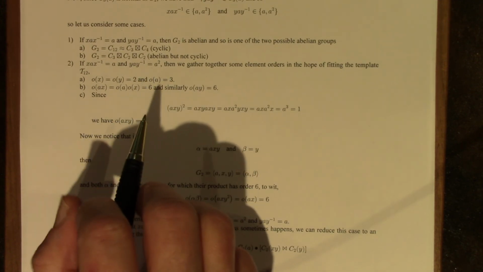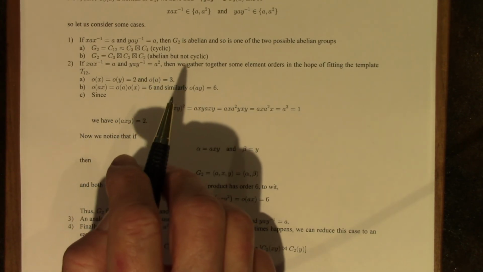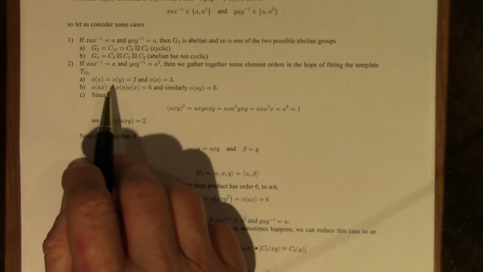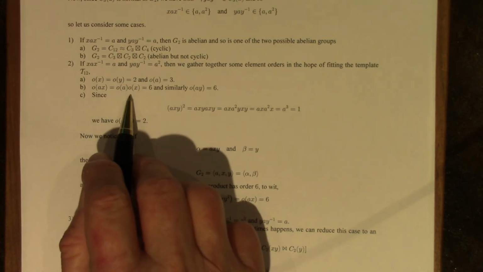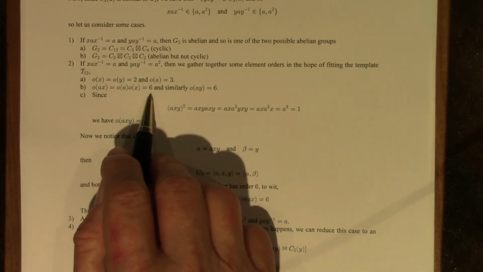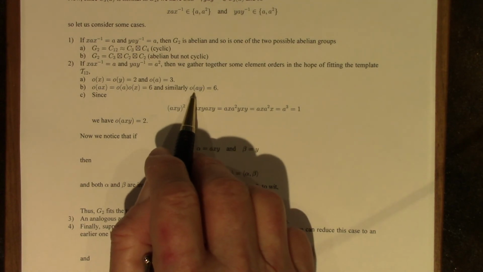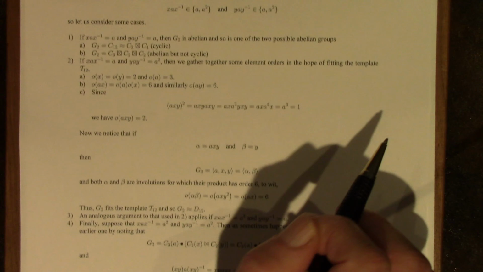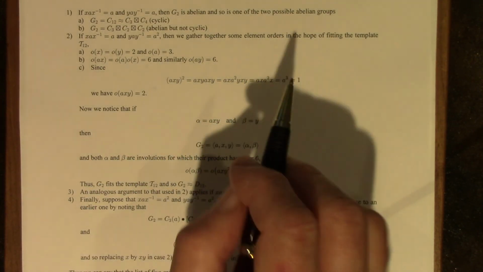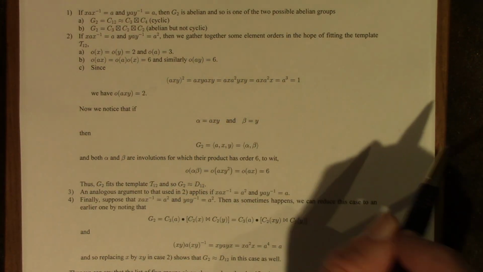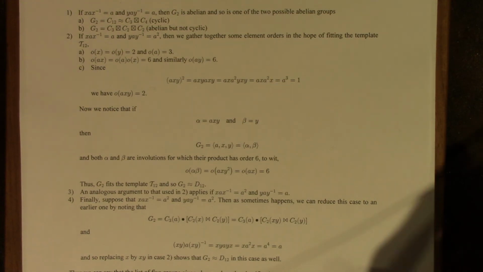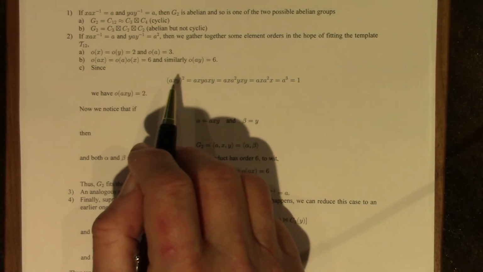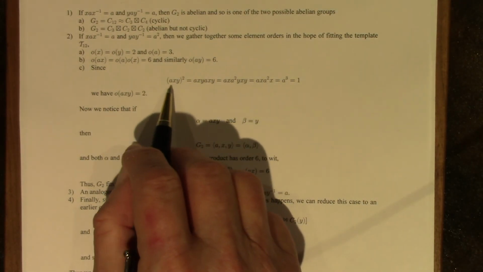Their orders are relatively prime, 2 and 3, and so the order of the product is the product of the orders, which is 6. Same thing for the order of AY, 6. We're not done, we need to do more, so maybe we'll try AXY.